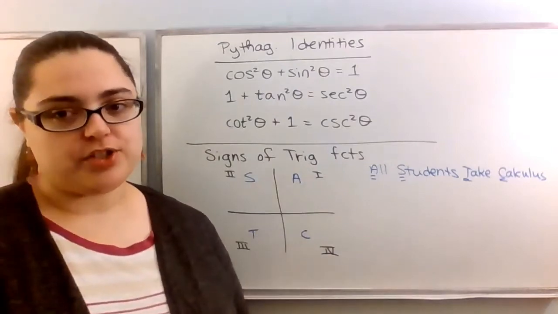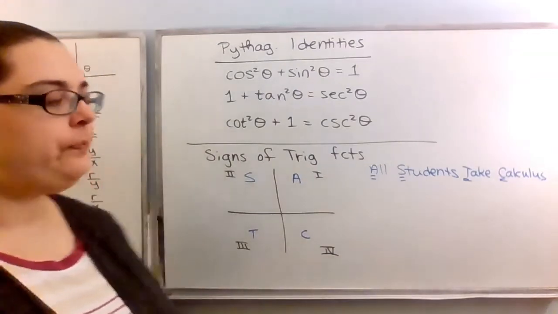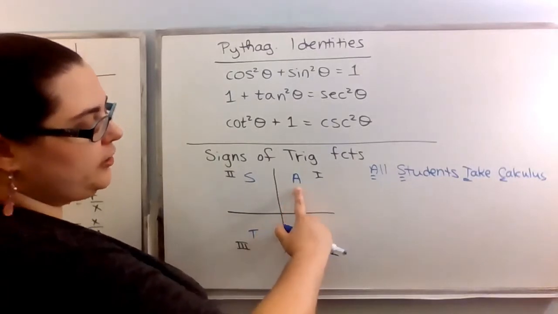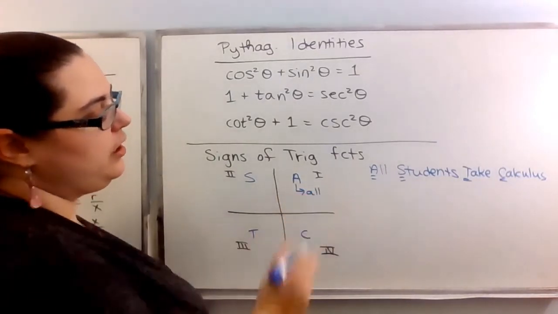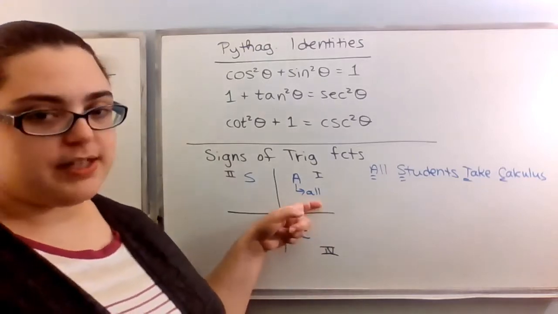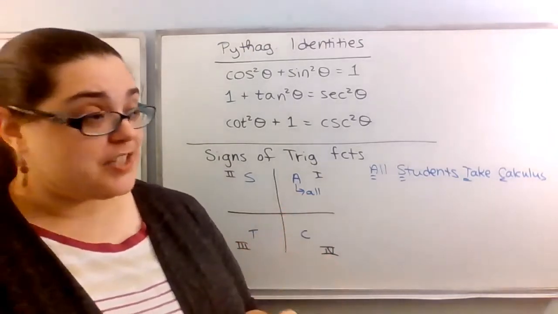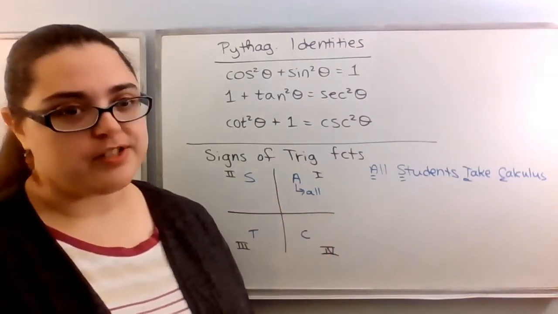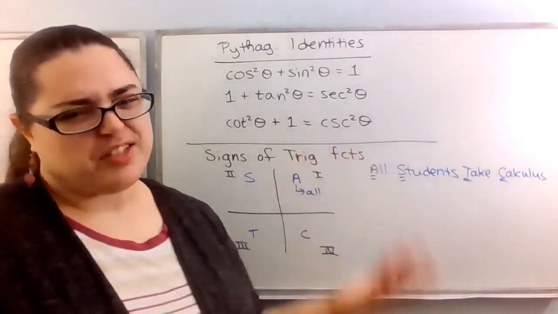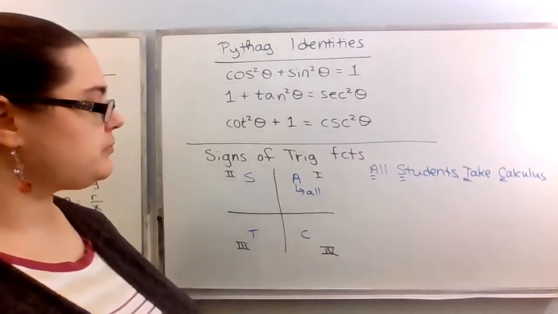All of the other trig functions are going to have a negative value. So here, A stands for all trig functions. All trig functions will be positive in the first quadrant because the x value and y value here are positive numbers, and r is always positive, so you just get positive values.